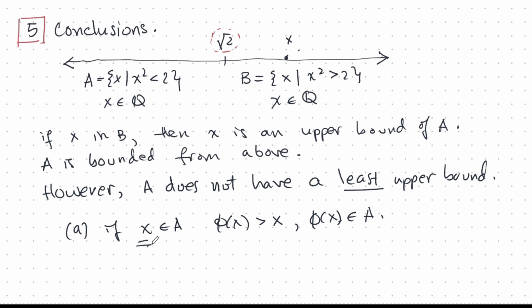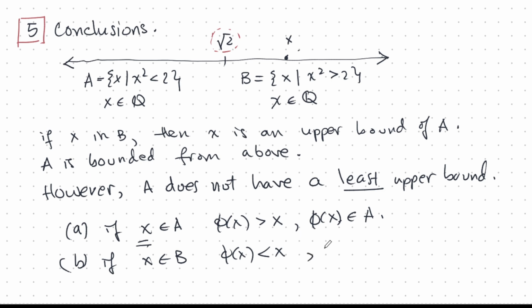So that's not possible. All right, so if x is in B, can the least upper bound of A be in B? Well, no, because phi of x now is less than x, and so phi of x would be a better upper bound.